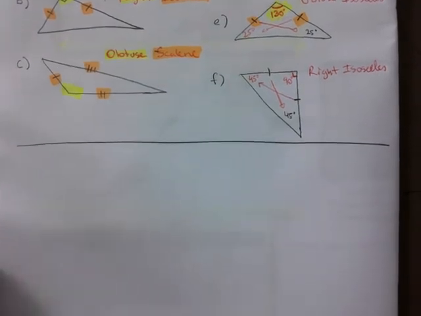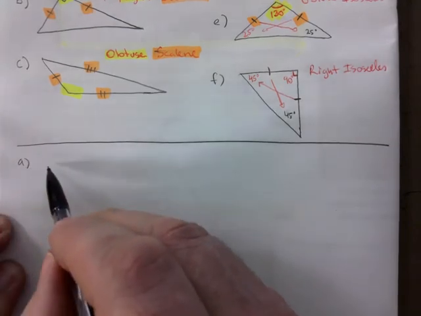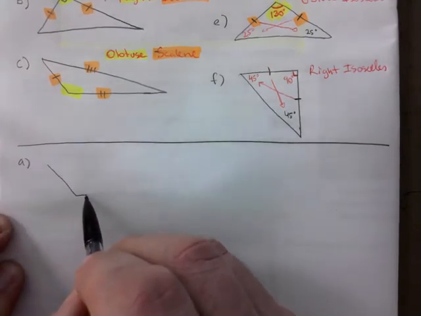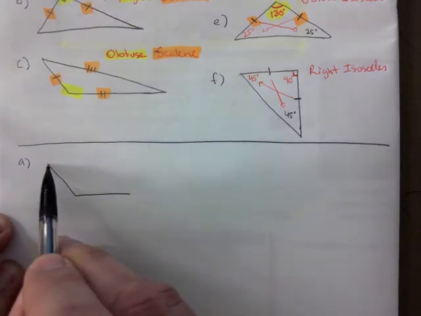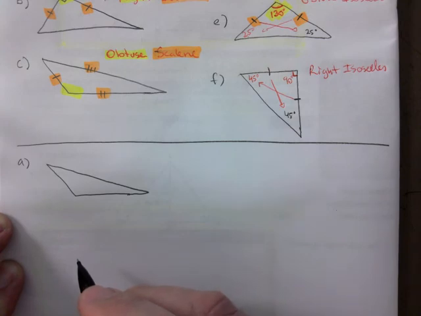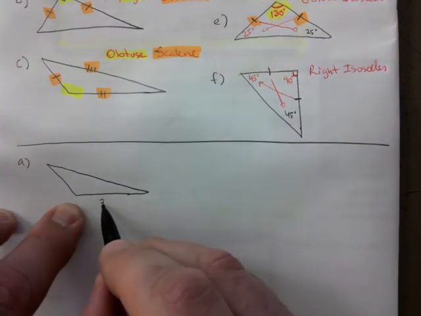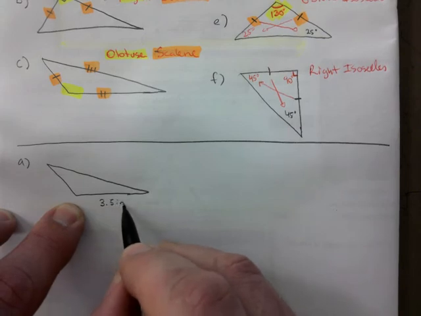So here, what if you had something like this that has, this one just has more going on, just busier, okay? If you have that, this is 3.5 inches.